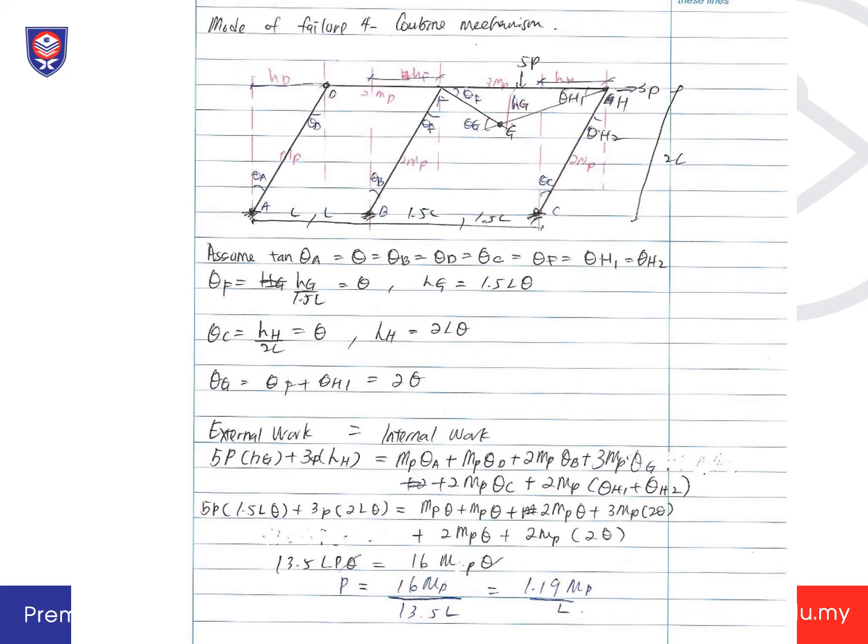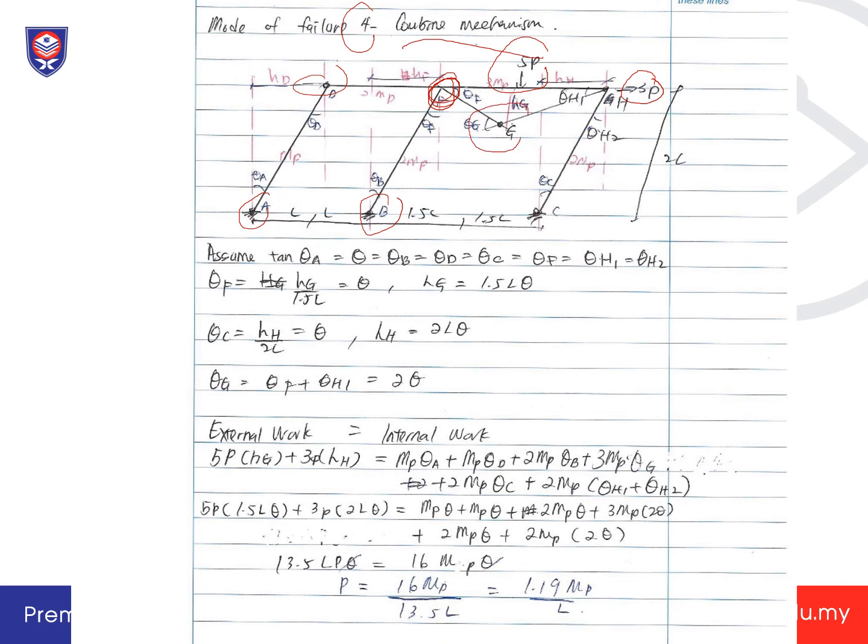So now we will go to the mode of failure 4, which is a combined mechanism caused by 5P and also 3P. So for this case, what will it cause? When you look at this, you will have a sway, you will have A and then D caused by the sway, and then the B. For the combined version, at the point where the sway and the beam mechanism meet here, it will have no MP here, just like the same cases of the other two examples before.